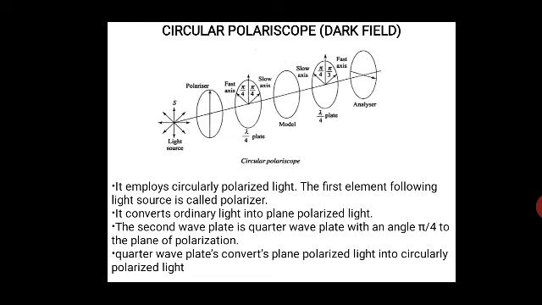Along with this, since the source is monochromatic, all the isochromatic fringes appear as dark fringes, which shows it is an isochromatic fringe pattern. In all the explanation I discussed, the major thing is that the quarter wave plates convert plane polarized light into circularly polarized light.